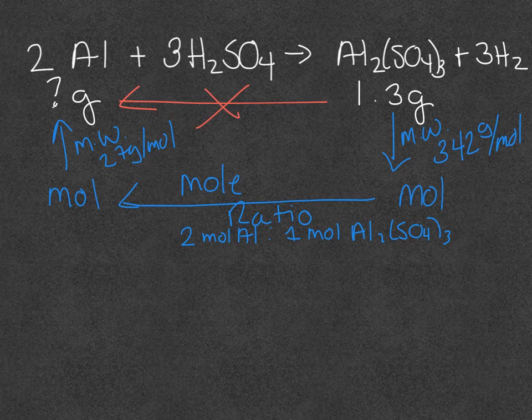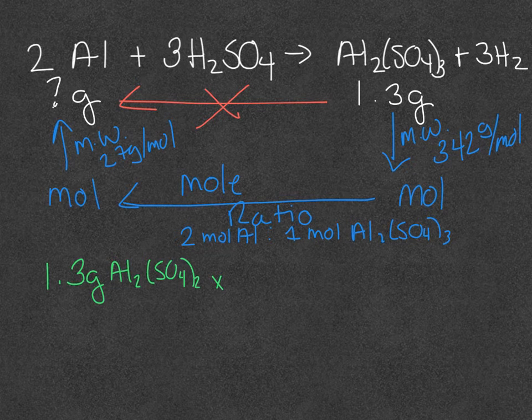So let's go ahead, and I'm going to write this out in dimensional analysis. I'm going to write what I'm given first. Always write what you're starting with first. And I am starting with 1.3 grams of aluminum sulfate. Looking at our roadmap, the first thing I have to do is convert that from grams into moles, and I'm using my conversion factor of 342 grams per mole.